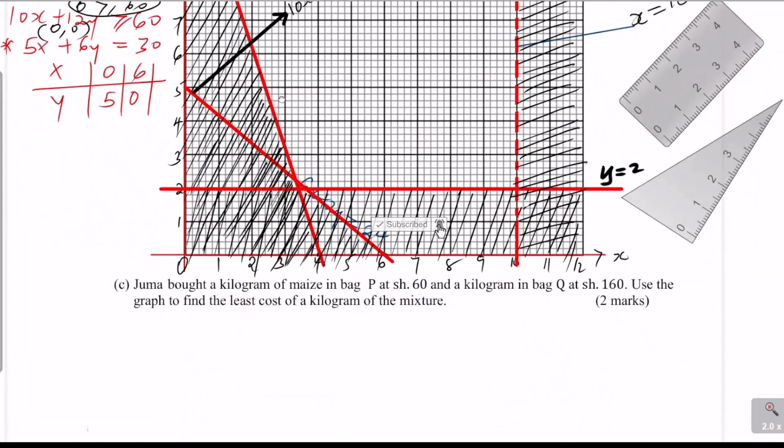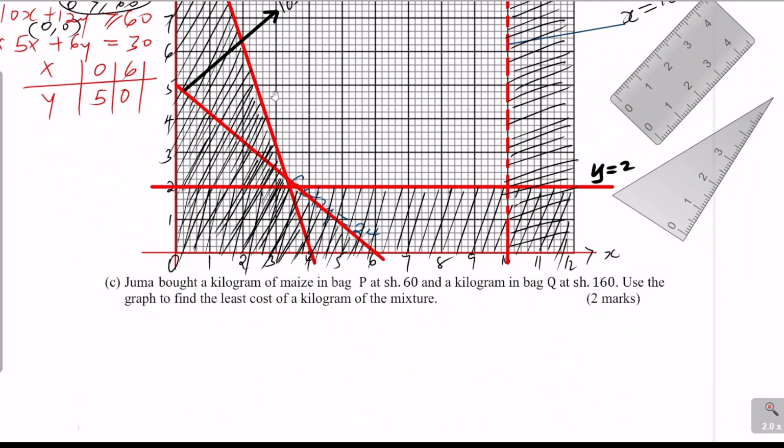So the other question is part C. Juma bought a kilogram of maize in bag P at 60 shillings a kilogram, and in bag Q at 160 shillings. Use the graph to find the least cost of a kilogram of mixture. That is optimization.